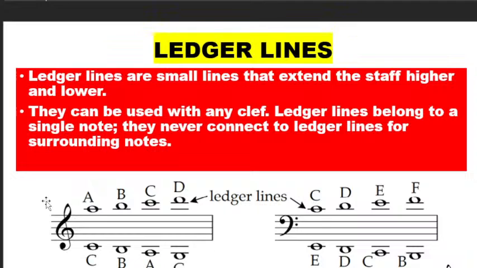As we almost come to the end of our session, we also have the ledger line. The ledger lines are small lines that extend the staff higher or lower. If the song is on a higher note and it is not within the staff, we will extend it with small lines called ledger lines.